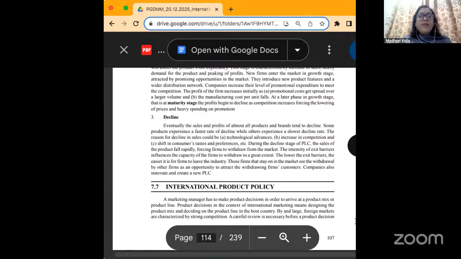Or, since we have mentioned apparel a few times, if you were to take handloom versus powerloom saris and we were to export them, then we know that the cost of producing handloom saris would be far higher than those of power looms, because power looms are manufacturing at a much faster pace.